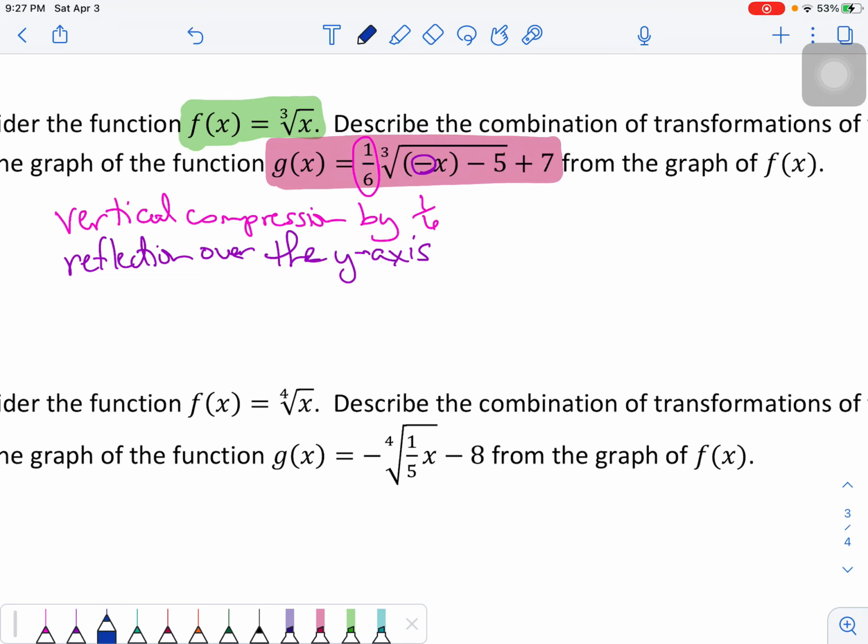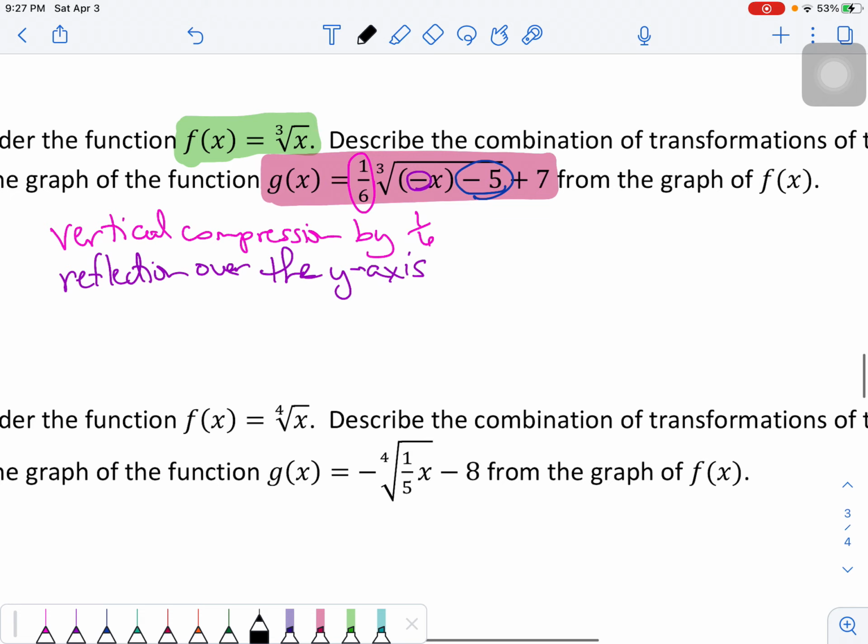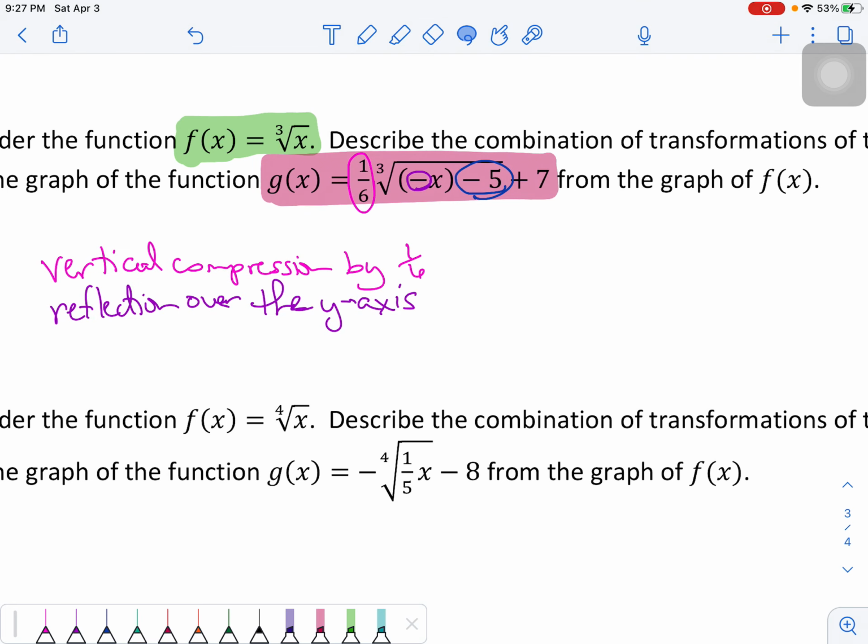Now, this one's going to get a little tricky. There's a -5 here. However, this function, I'm going to take a second here. I need to move these down just a touch. So let me slide those down. Okay. So inside the cube root function, we have the negative, and then we would have x plus 5.